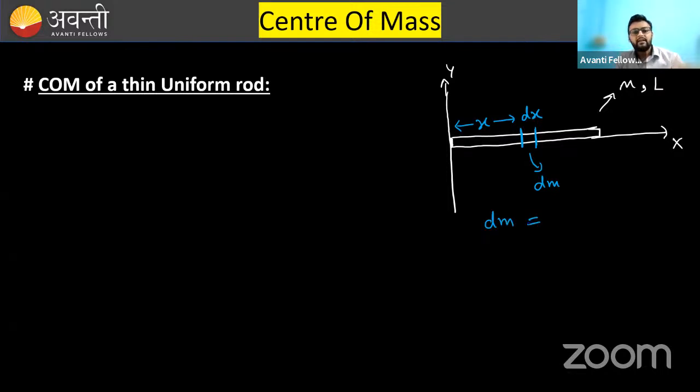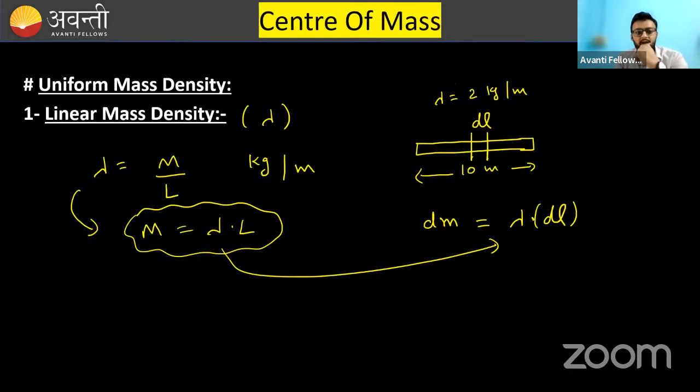The mass is distributed on the length. So you will write dm equals lambda into dx. If this is not clear, have a look. What is linear mass density? Mass per unit length.